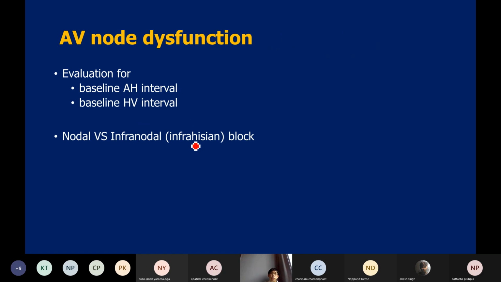The most invasive way to evaluate the site of block in AV node dysfunction is to go into the heart of the patient to measure the baseline atrial to His interval and the His to ventricle interval, to differentiate between nodal block and infranodal block.